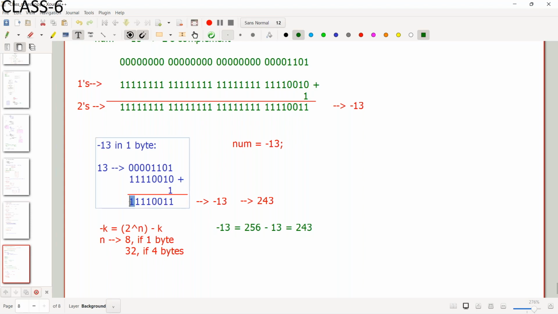While retrieving the value from the memory, how the compiler understands that it is negative 13, we will see later. As of now, understand the compiler is going to convert this back to negative 13 itself. That depends on the last bit.